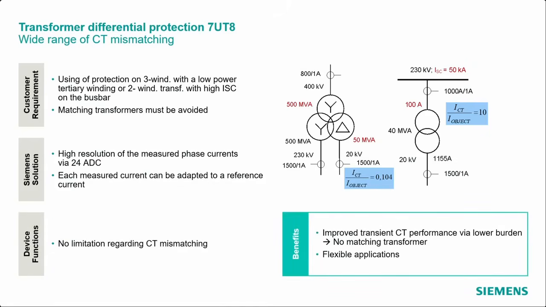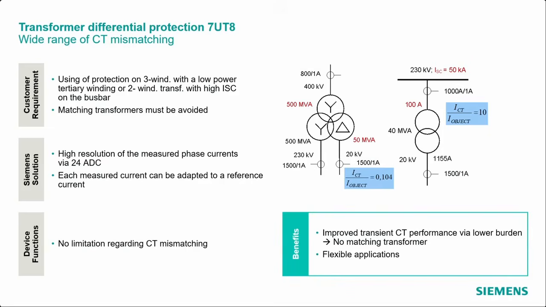So we were not able to connect the third side to the differential protection. For example, if we have a busbar connection where we have very high currents, we have to select a big current transformer. In that example, we have a 1000 to 1 amp current transformer, but the rated current on side 1 of the transformer is only 100 amps. Therefore we have a mismatching factor of 10.